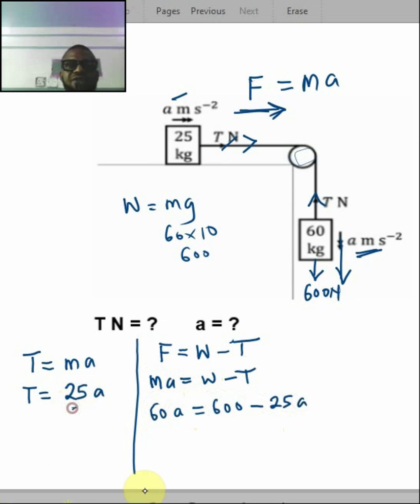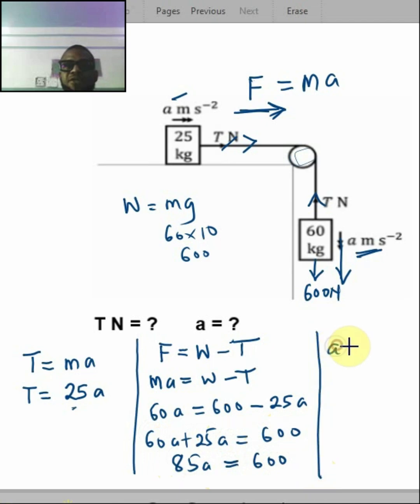When we collect like terms, this 25A will come over, and we'll now have 60A plus 25A equal to 600. So this will give us 85A equal to 600. So my acceleration A becomes 600 divided by 85.